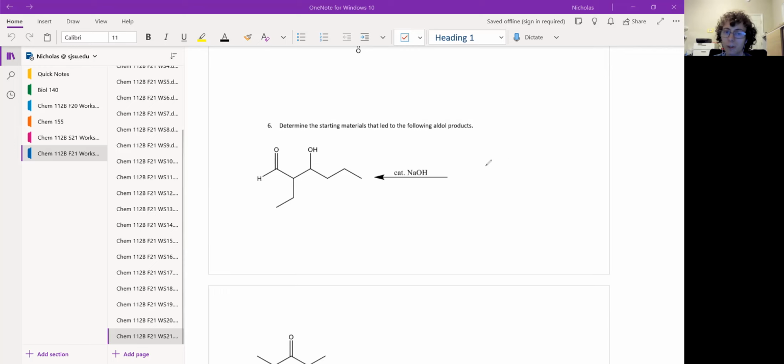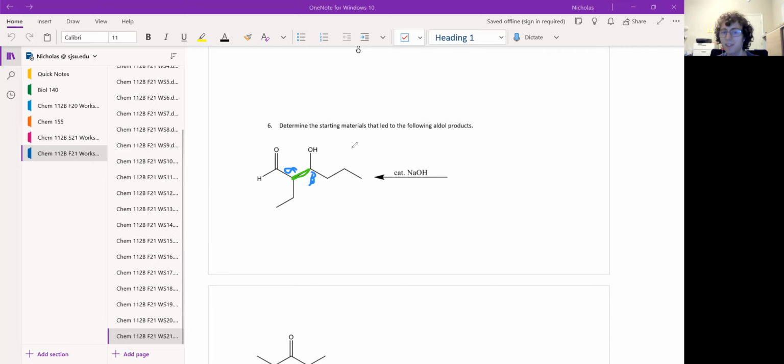And to work backwards, you can think of it as breaking the bonds that you formed to make this product. This is the alpha position, alpha to the aldehyde. This is beta to the aldehyde, where the alcohol is. And remember, earlier today I was showing the new carbon-carbon bonds we formed at the alpha position as a green bond, just to emphasize that was the new bond we were forming.